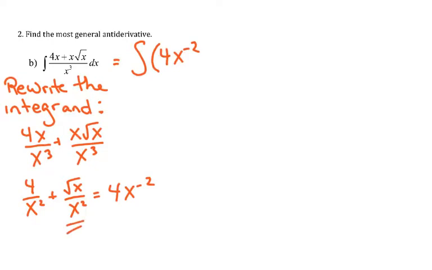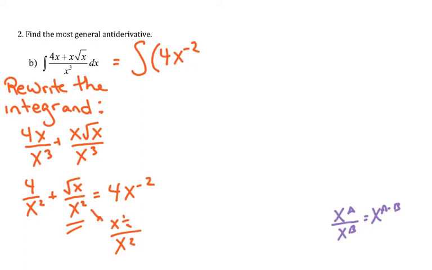But what about this? Well, you have to remember your exponent rules. x to the a over x to the b is x to the a minus b. So what do we have? We have x to the 1/2 over x squared.